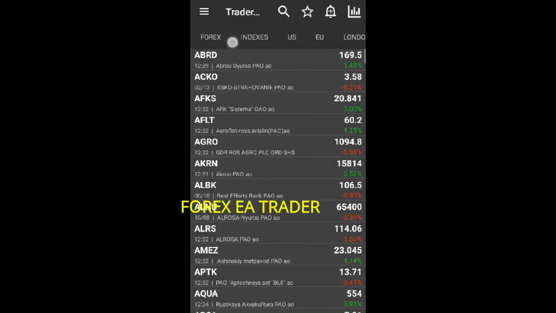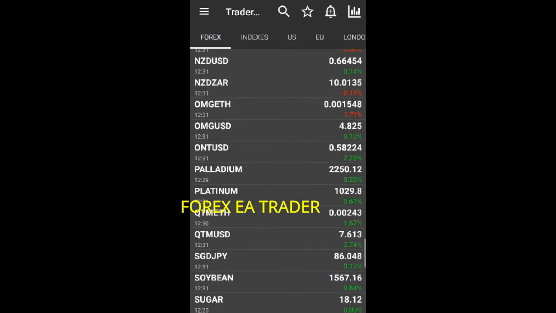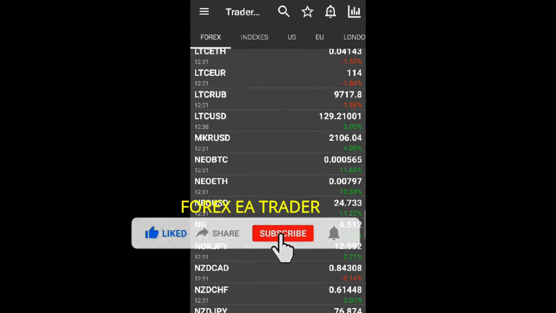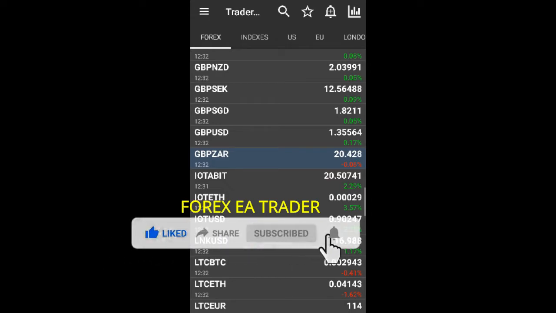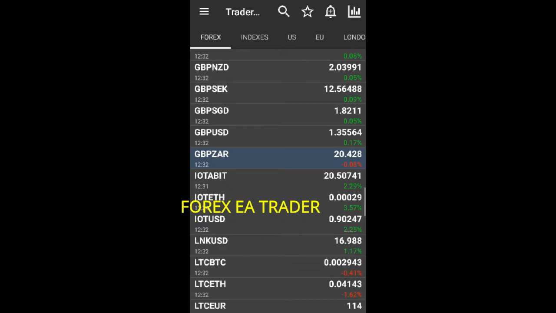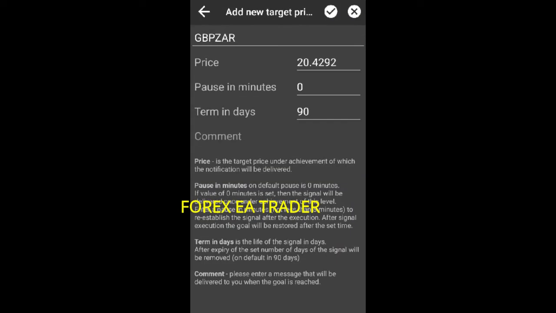Because my example was on Forex, let's say, for example, we are going to be trading, let's find a random pair. Okay, GBP ZAR, that's the British pound versus South African rand. So what you want to do is, we've clicked it, and we go and set an alert.